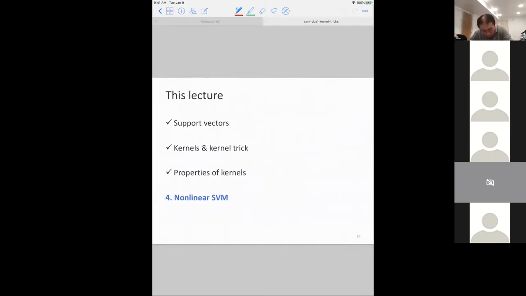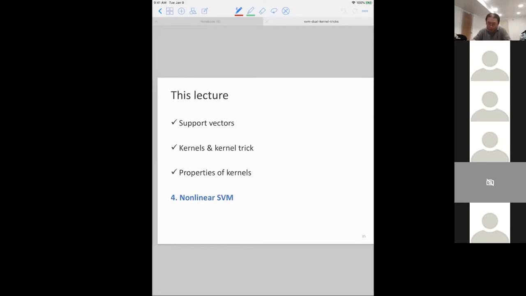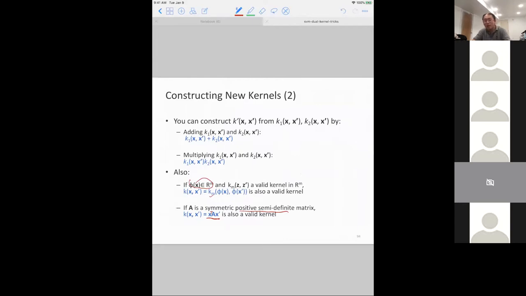So now I have finished the introduction of the properties of kernels. Someone asked for examples of non-valid kernels. Well, it's very easy to construct non-valid kernels. Any kernel function that can be less than 0 cannot be a valid kernel.